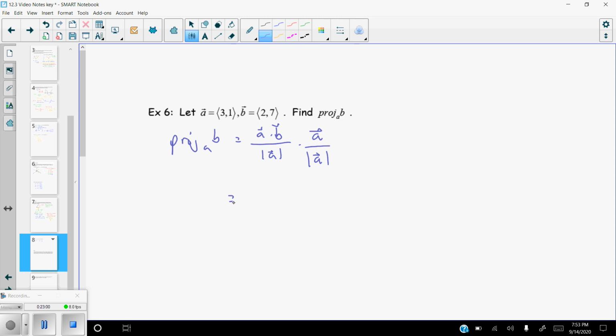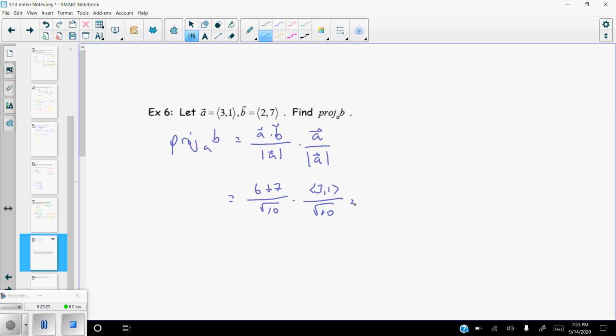Dot product is going to be 3 times 2, which is 6, plus 1 times 7, which is 7. The magnitude of A is going to be the square root of 9 plus 1, so it's root 10, times vector A, which is 3, 1, over root 10. I can multiply the two roots together and get 10.